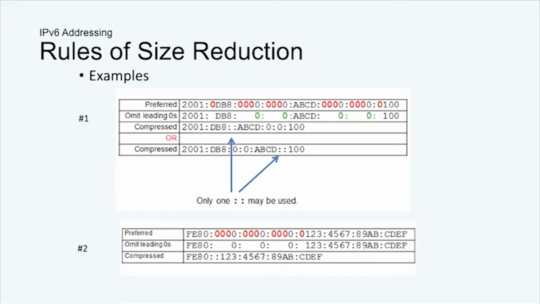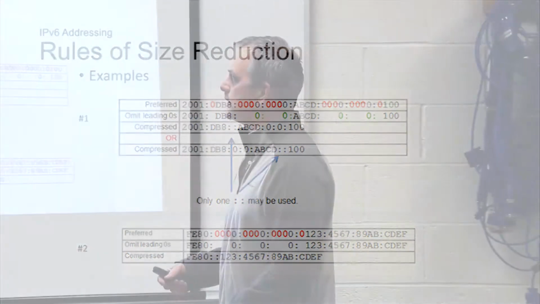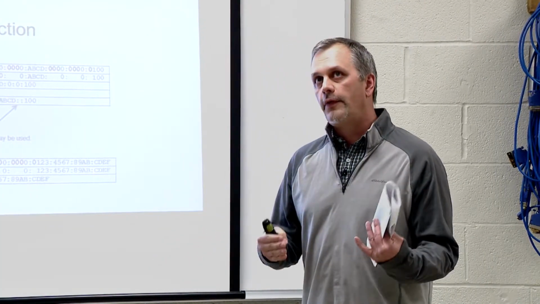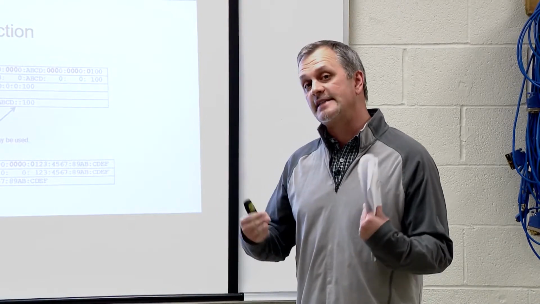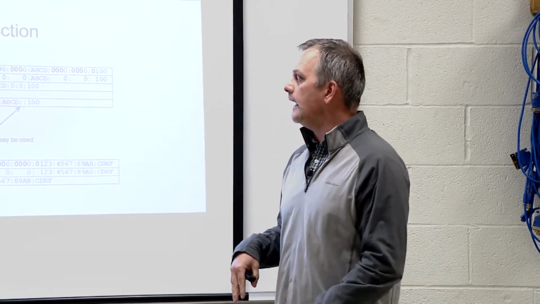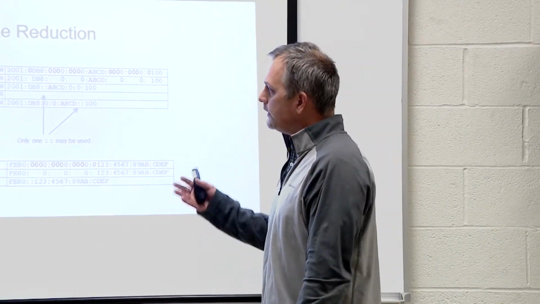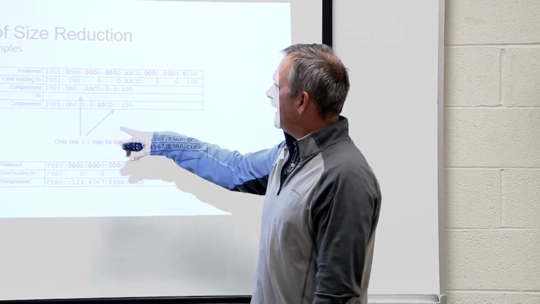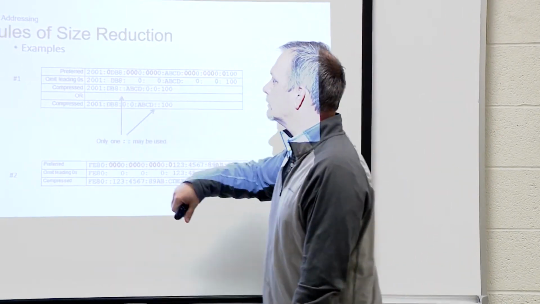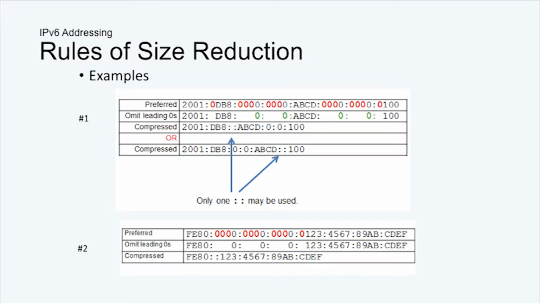Because of their size, these 128-bit addresses can be a bit unwieldy to use in day-to-day practice. So there are some rules that allow us to shrink these addresses down in size for day-to-day use. Some of these rules include eliminating leading zeros so that only non-zero characters are actually represented, and compressing consecutive zeros.